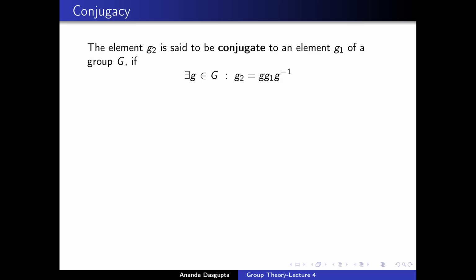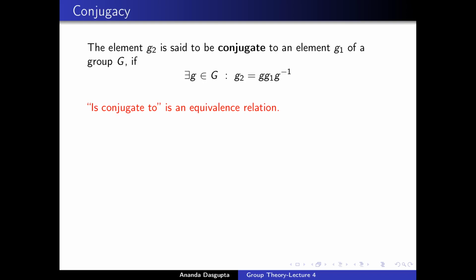Now this particular relation between elements happens to be an equivalence relation as well. How do we know that? Well, you can easily check that it follows all the basic properties of an equivalence relation. That is, you need to check that it is reflexive, it is symmetric, and it is transitive.